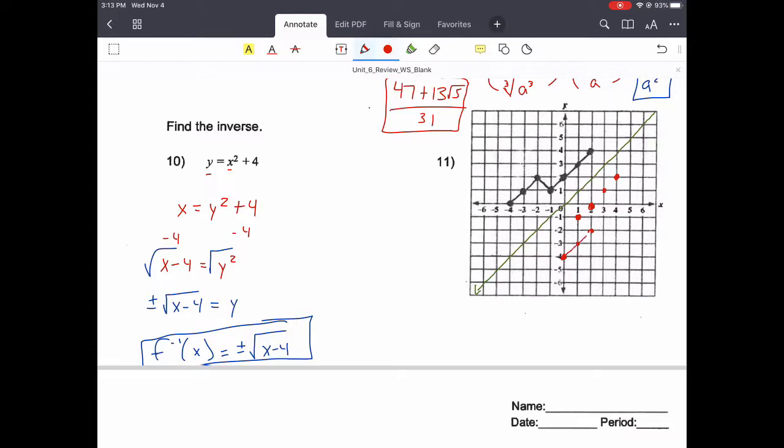And so our inverse graph looks like this. And so this is the graph of our inverse. We've got f of x here, and this would be f inverse of x, or the inverse.